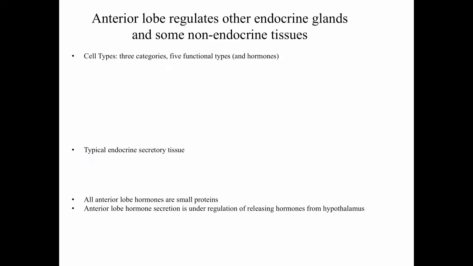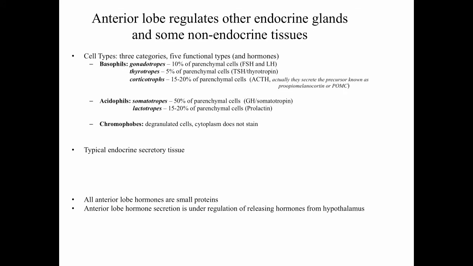The anterior lobe regulates other endocrine glands and some non-endocrine tissues. And we're going to come to appreciate that there are distinct cell types in the anterior pituitary. It turns out that there are 3 categories of cells and actually 5 functional cell types and the hormones. Now, the categories of cells, basophils, acidophils, and chromophobes, are actually archaic terminology today.